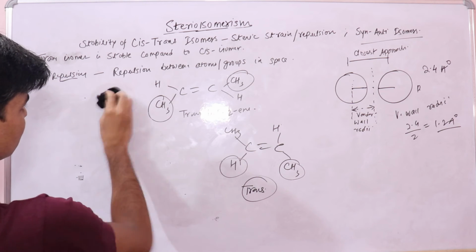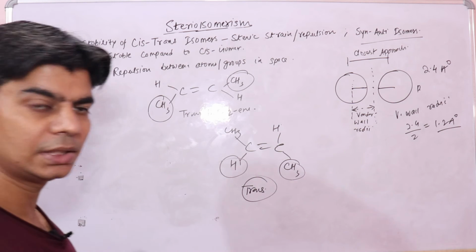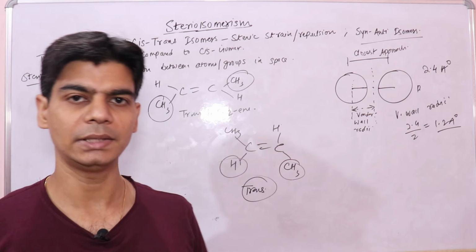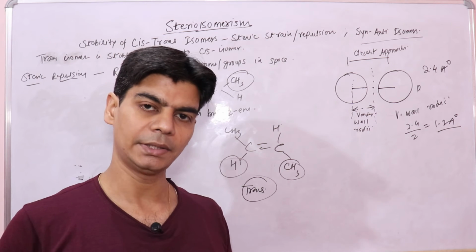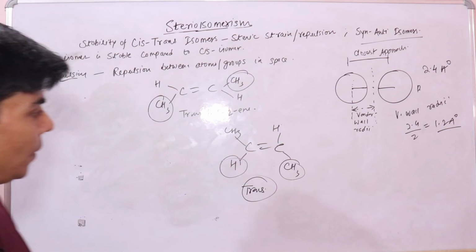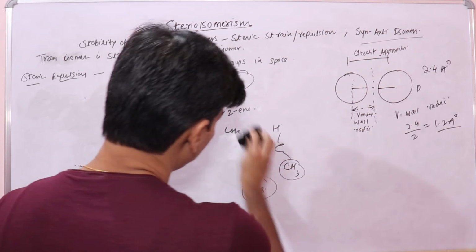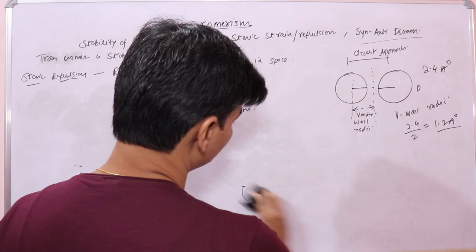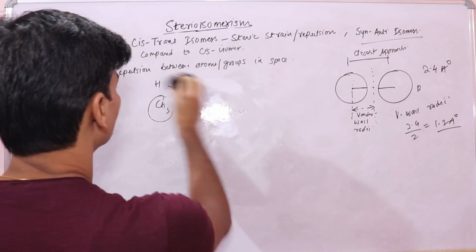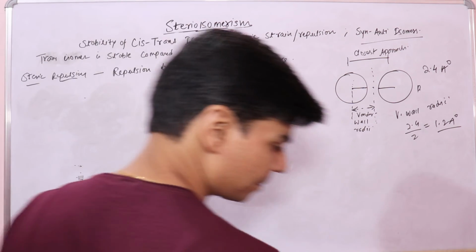So we have aldoximes and ketoximes. Aldoximes are formed when aldehydes react with hydroxylamine, and ketoximes are formed when ketones react with hydroxylamine, right? And such compounds can have isomers, right?